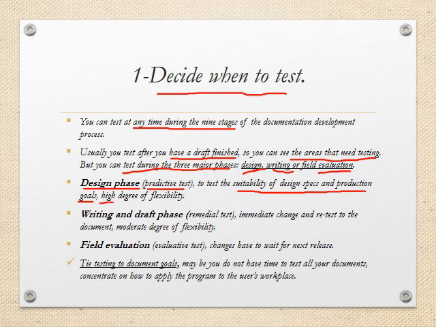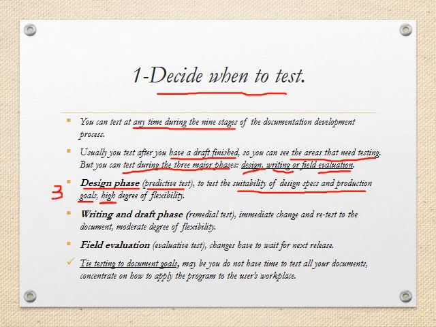What do we mean? Predictive test, we call it, because we still can predict problems, issues بالdocument before we start writing. This is during a design. وبالحالة هاي we have the freedom to change anything we want, so we can call it high degree of flexibility. We still have high flexibility of changing the document. This is phase 3 in the documentation process.